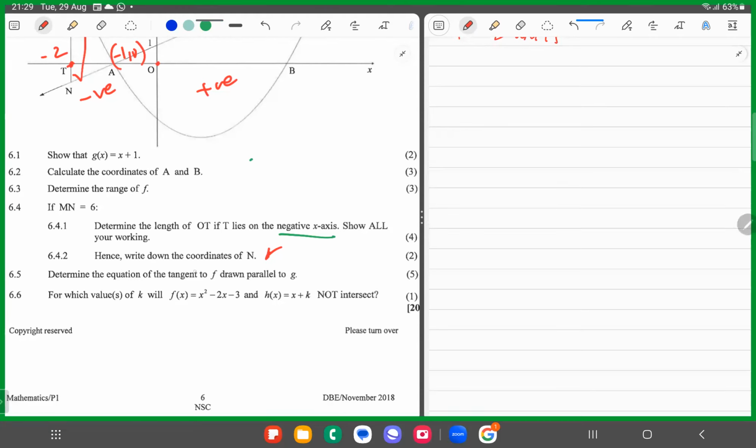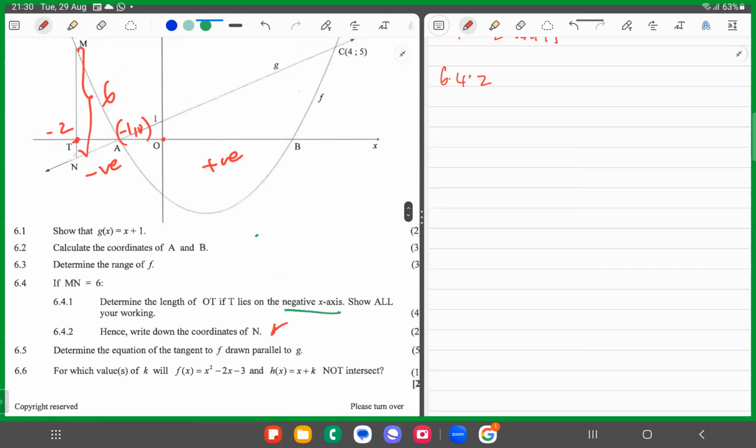Hence write down the coordinates of N. Let's look at 6.5.2. Right, what are the coordinates of N? The coordinates of N right now are straightforward.